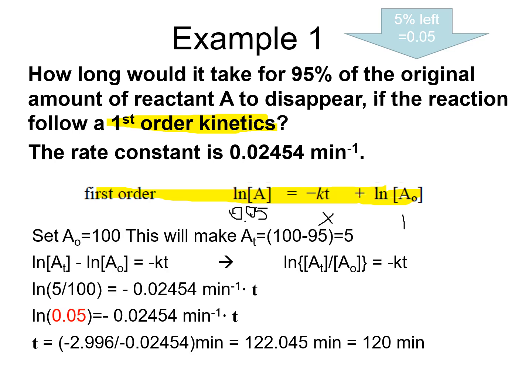So for example, if you take A0, that would be the initial amount equal to 100, this will make at the time t the amount left 5. So you can rearrange by bringing this term on this side of the equality, and the difference between two logarithms is equal to the logarithm of the ratio.